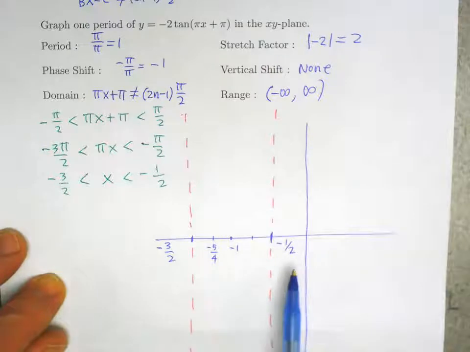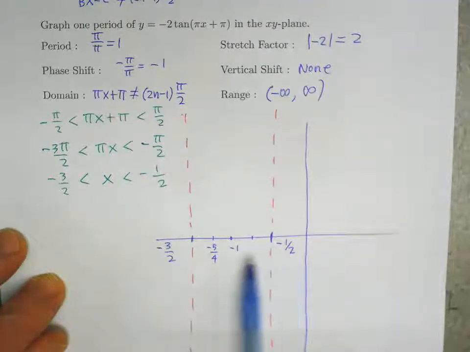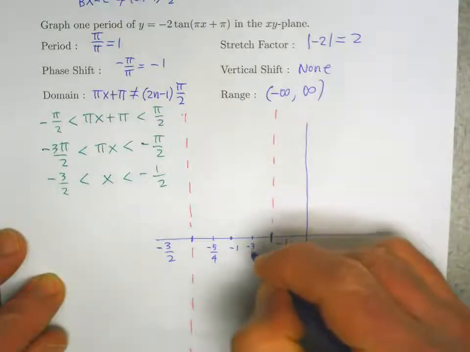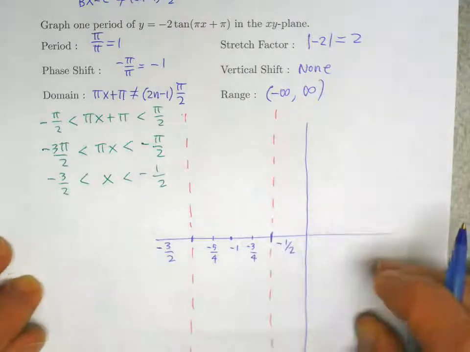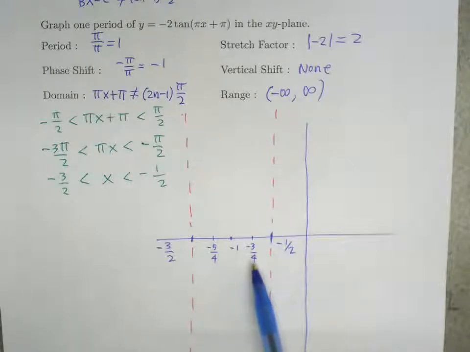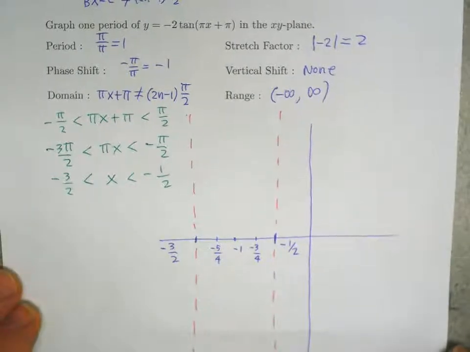And halfway between negative 1/2 and negative 1 is negative 3/4. So if we plot the points that correspond to negative 5/4, negative 1, and negative 3/4, we'll plot those points and then draw the graph, one period of the tangent function.